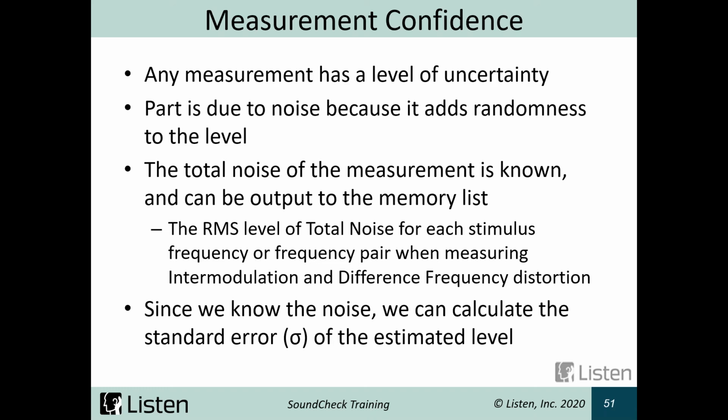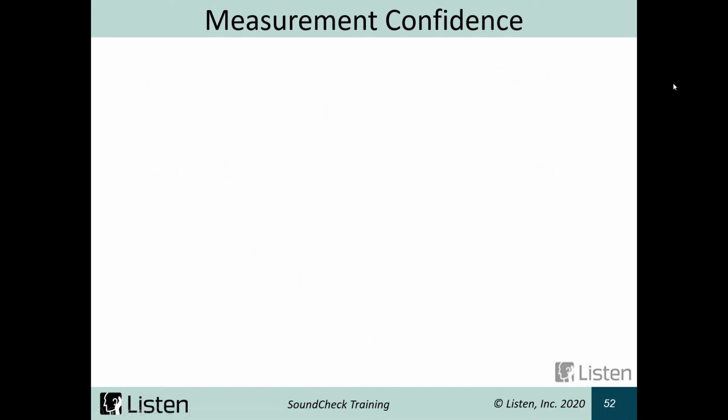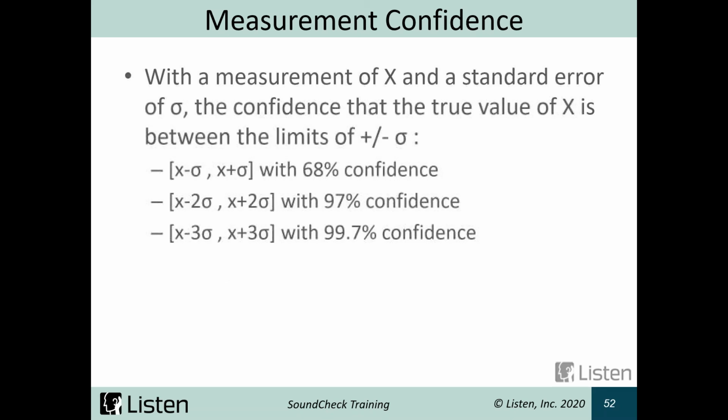Since we know the noise, we can then calculate the standard error of the estimated level. So with a measurement of x and a standard error of sigma, the confidence that the true value of x is between the limits of plus or minus sigma.